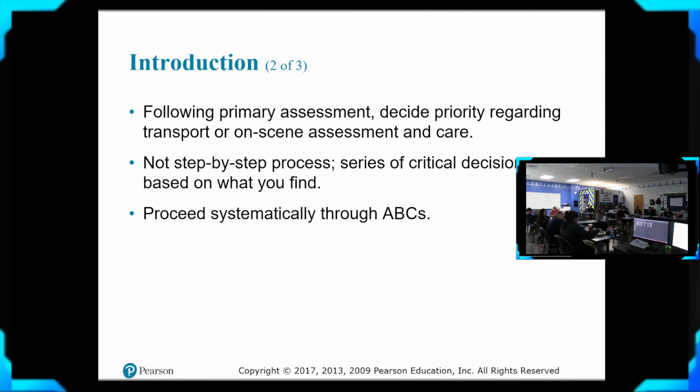Following the primary assessment, decide priority regarding transport or on-scene assessment and care. You're going to follow your protocol on that, but we don't know, and I'm going to say this, because the state doesn't know what they're going to do yet. National Registry has eliminated all psychomotor skills for paramedic class after July 1st.